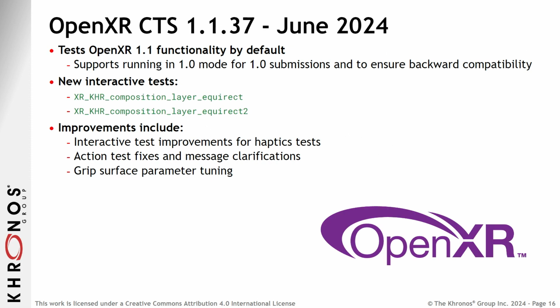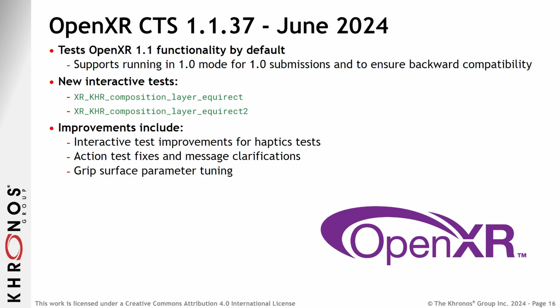We've also updated the conformance testing suite in June. This is now 1.1.37. It does OpenXR 1.1 conformance testing by default. However, it also supports OpenXR 1.0 mode, and so it is the new default going forward, whether you want to test your application for 1.1 or 1.0 conformance. You use the same CTS suite.